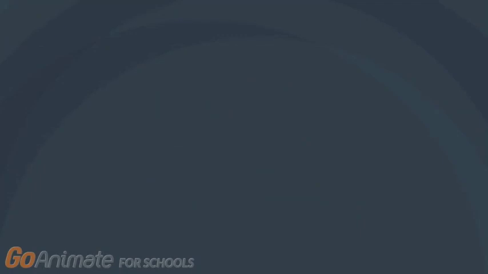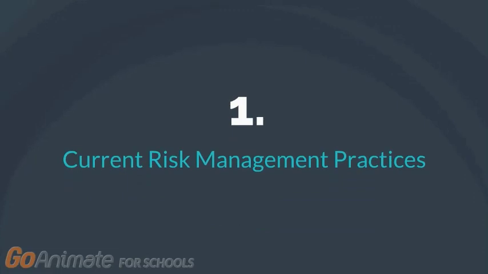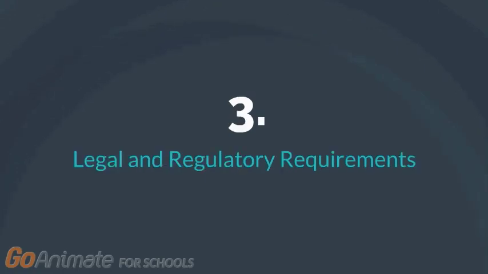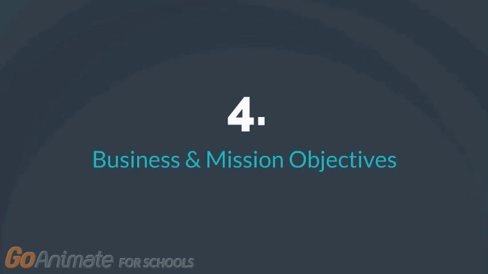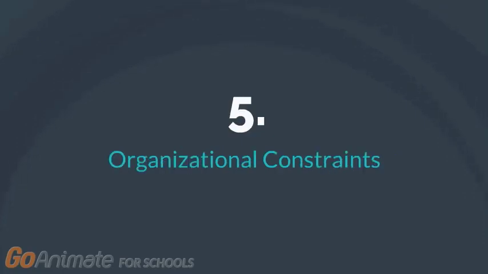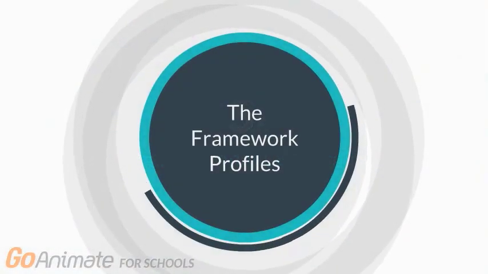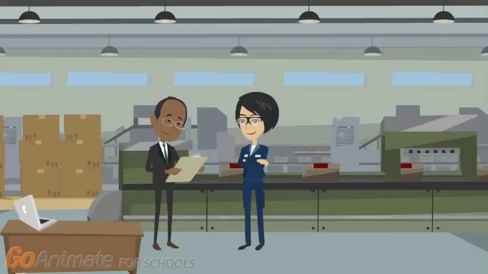During the tier selection process, an organization should consider its current risk management practices, the threat environment, legal and regulatory requirements, business and mission objectives, and organizational constraints.